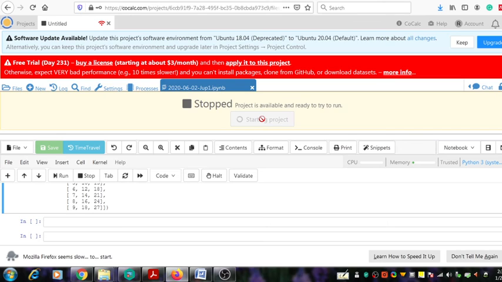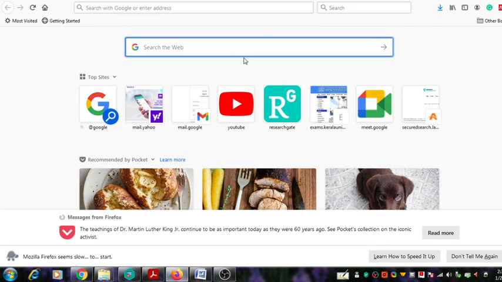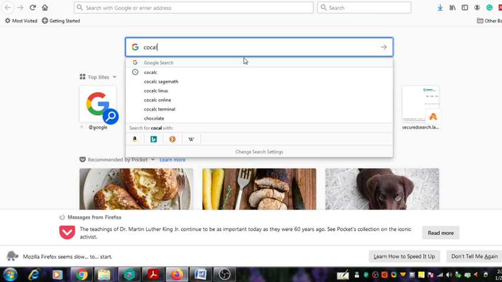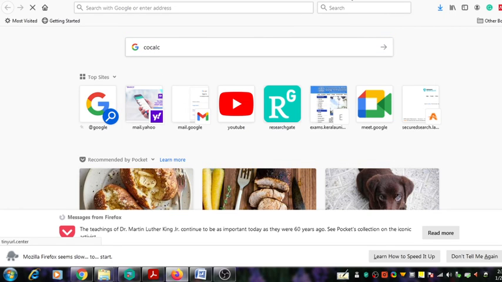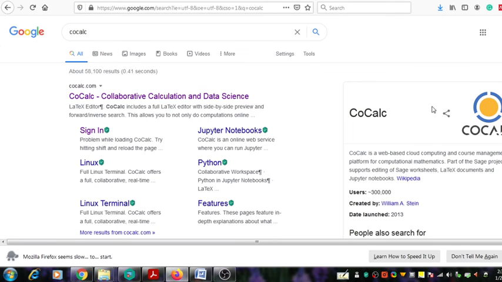Okay, if it is taking this much time, then we will try to open one more CoCalc project. Let's open another CoCalc. Some connectivity problem with that. I think it is better to open another one.